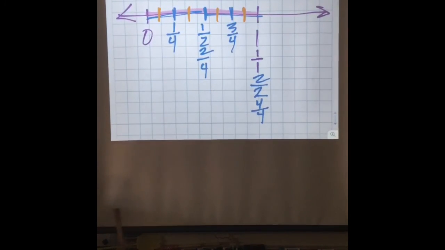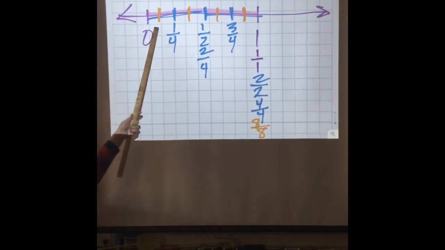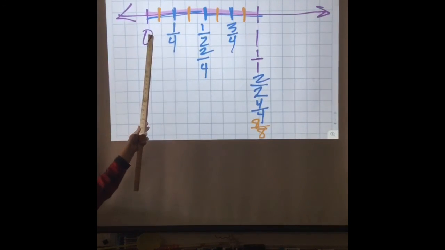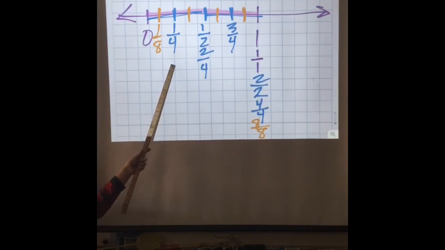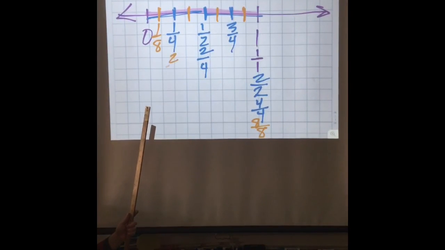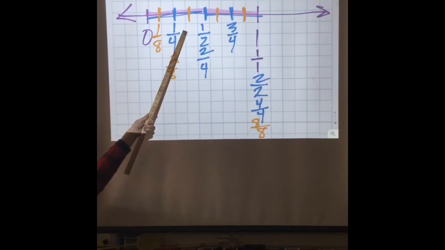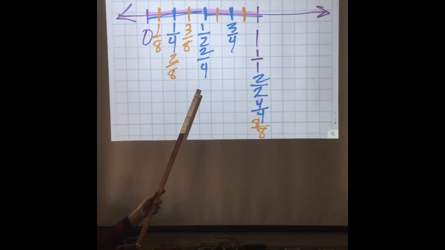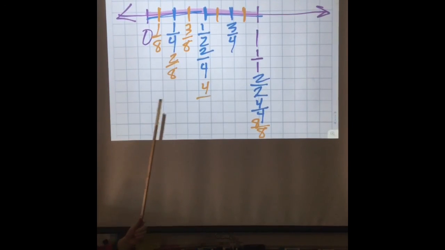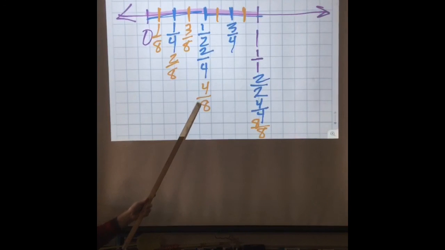So what's our bottom number? 8. And our top number? 8. 8 over 8. What's this one right here? 1/8. What's this one? 2/8. What's this one? 3/8. Ooh, what's this middle one right here? 4/8. Is 4 half of 8? So we're in the right spot, aren't we?